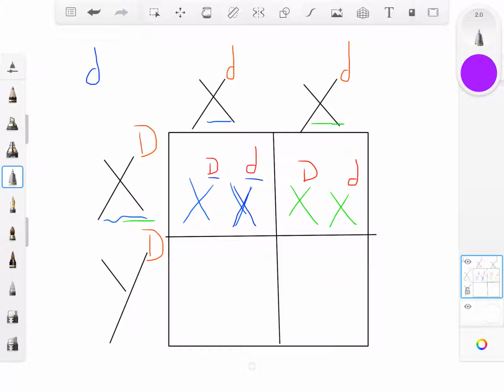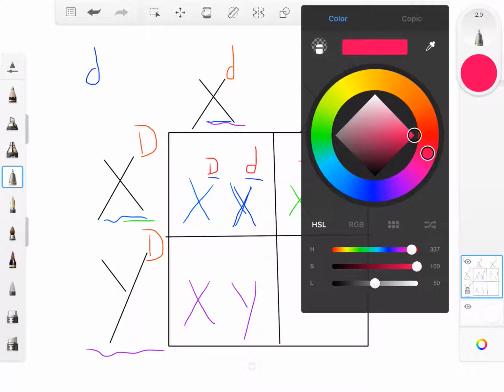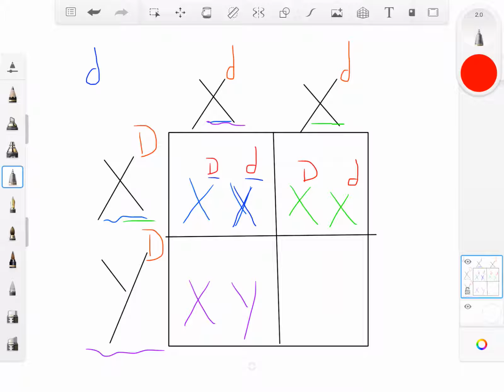Now we're going to do this Y and this X. We have XY. We have a boy. So we have a lowercase d and a capital D. However, we have to understand that this chromosome is gene poor.